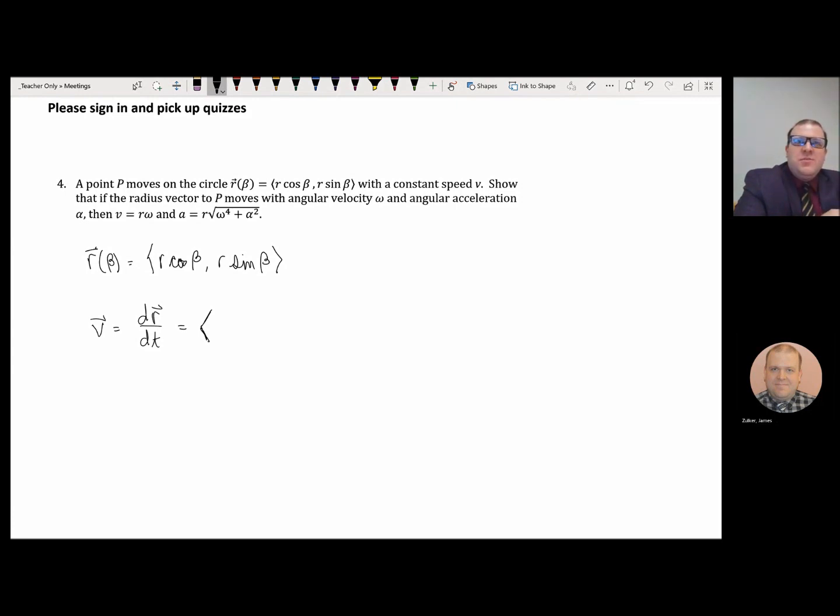So what would the derivative of the first component be? Negative r sine of beta times beta.